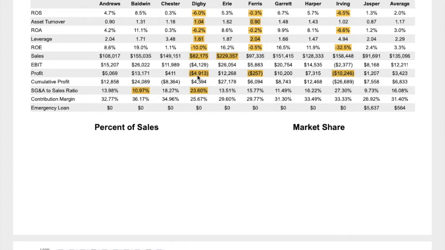Next one is profit. As we can see, Teams Digby, Ferris, and Irving have negative profit, which is related to their negative ROS, ROA, and ROE. These three teams have to pay extra attention to where they spend more money that isn't generating a lot of income.